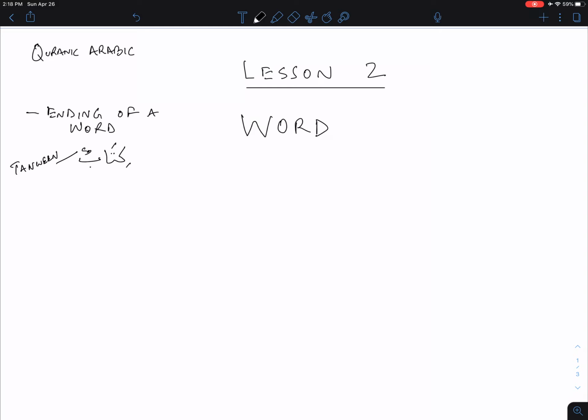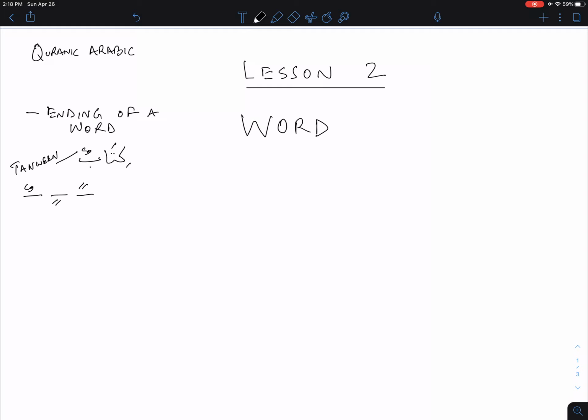Tanween is either depicted as 2 dhammas, 2 kasras, or 2 fathas, or pesh, zair, and zabar, depending on whatever you have learned. So the ending is of importance here, and you will understand as you progress through why that is so. For now, just understand that that's the ending.